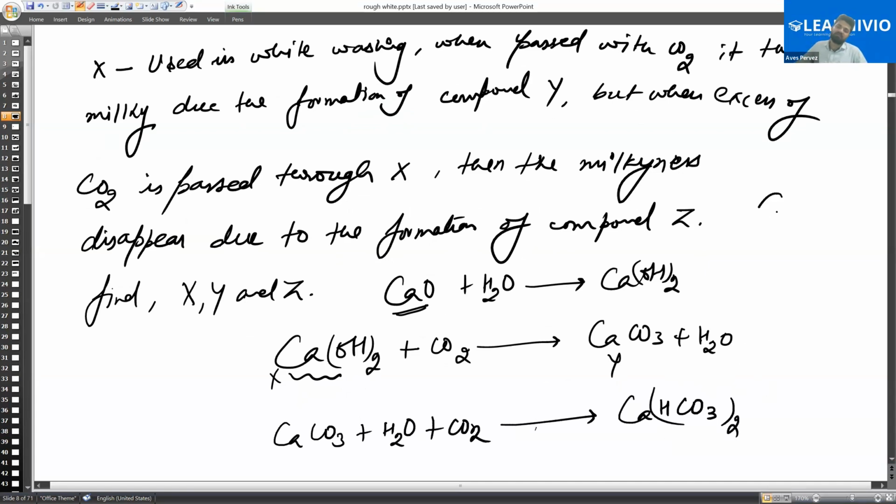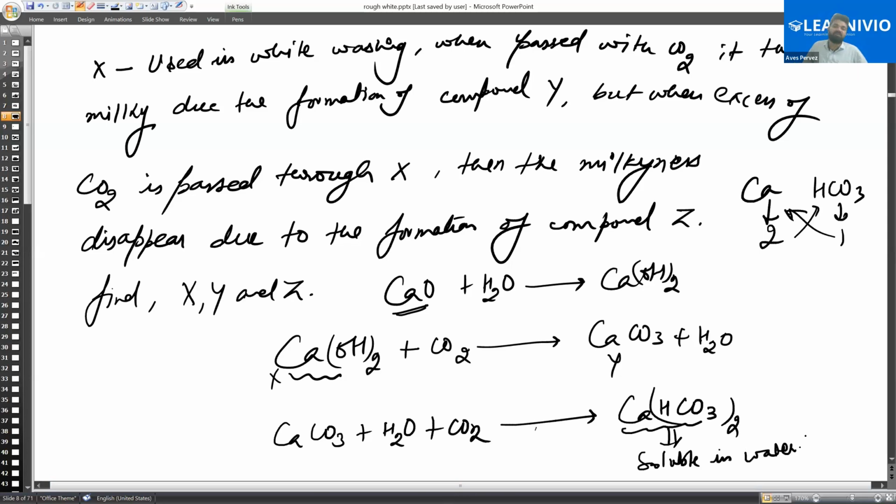Because calcium has valency 2 and hydrogen carbonate, HCO3, has valency 1. So you cross multiply and you get Ca(HCO3)2. It is soluble in water. Anything which is soluble in water, its color is not represented. It goes into the intermolecular space. Got it?